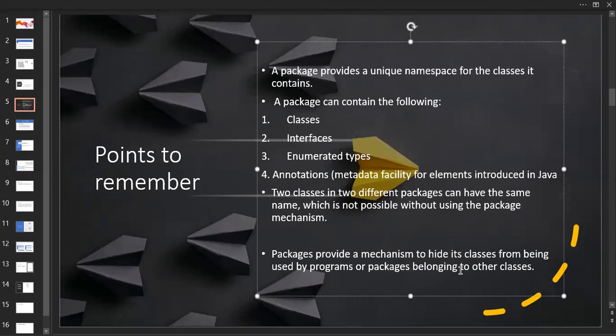Packages provide a mechanism to hide their classes from being used by programs or other classes. We already know that one. These mechanisms will be hidden, so it is not possible to overwrite or implement them. We only use the functionality.